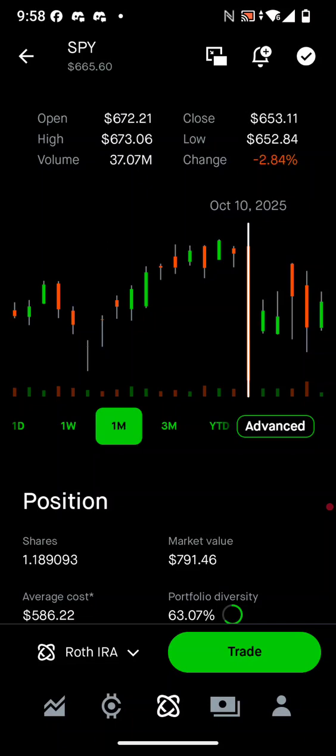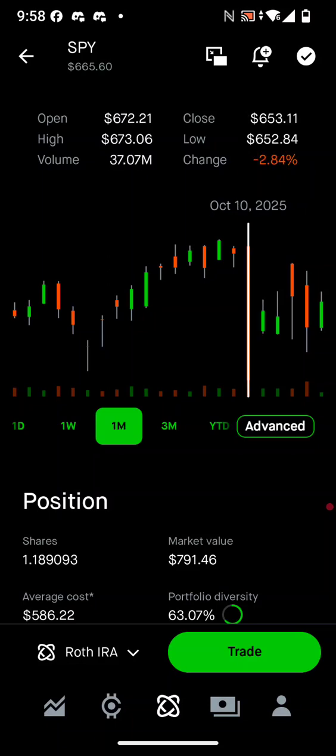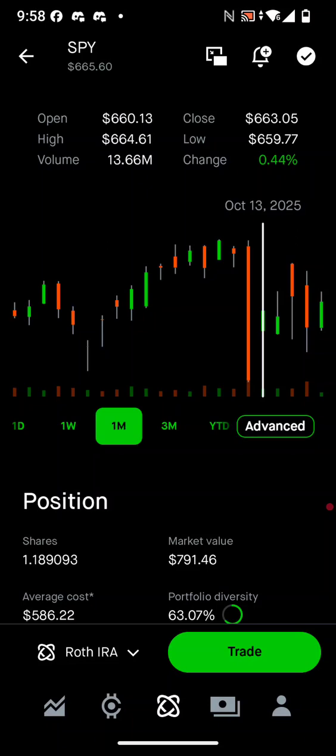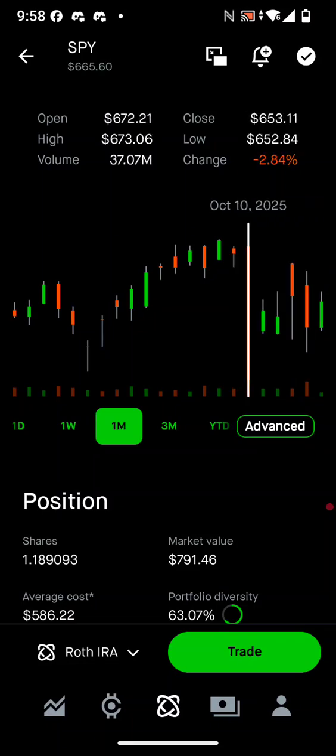So it gapped up from 653 to 660, about a $6-7 gap. And now all of these candles are consolidation based off this big boom boom candle.